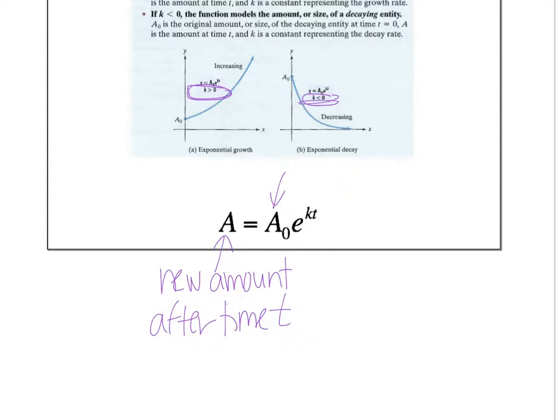What does V sub 0 mean? That has to do with velocity. What kind of velocity? V sub 0 is the initial velocity. So A sub 0 is the initial amount.